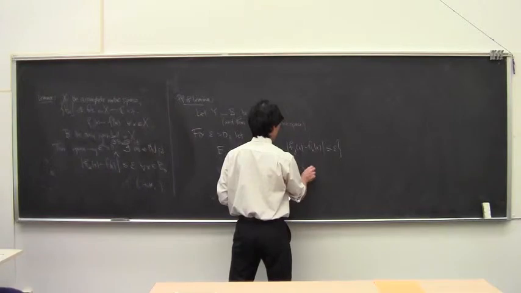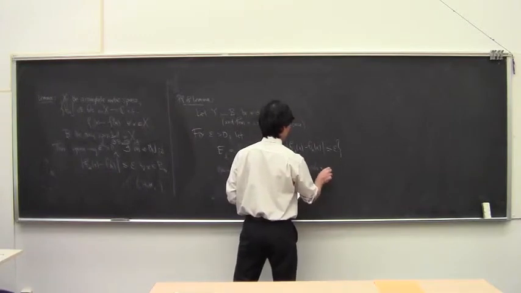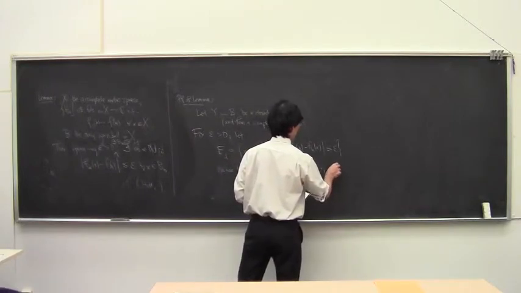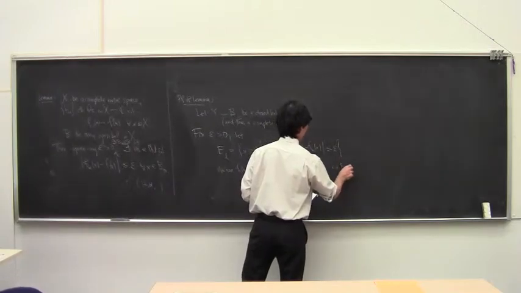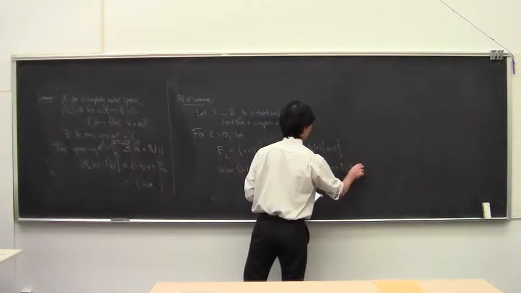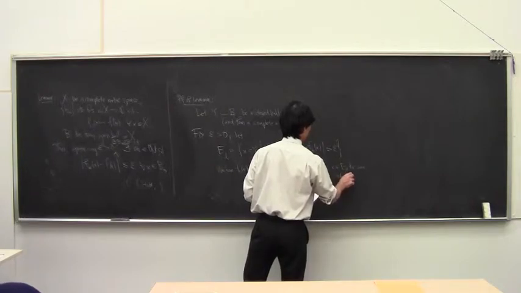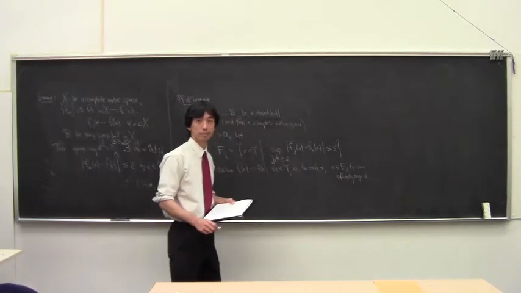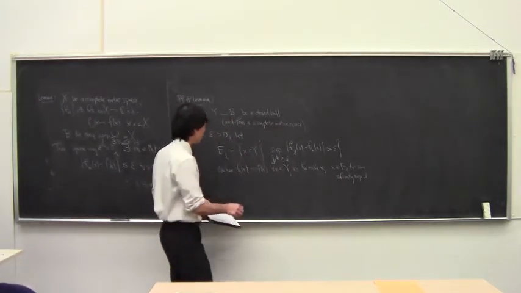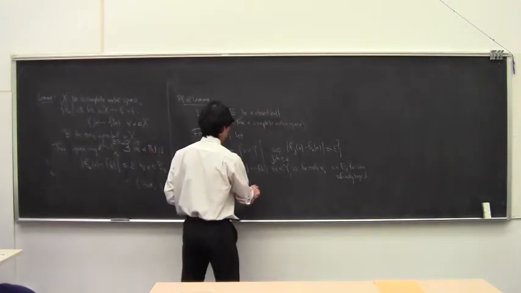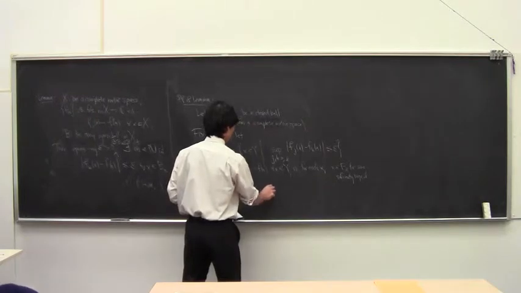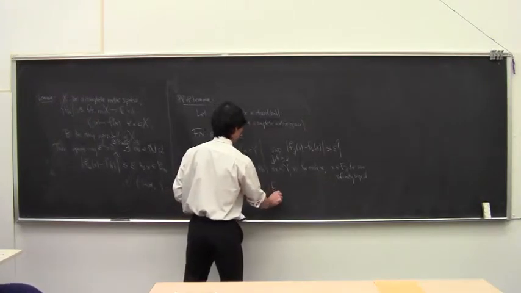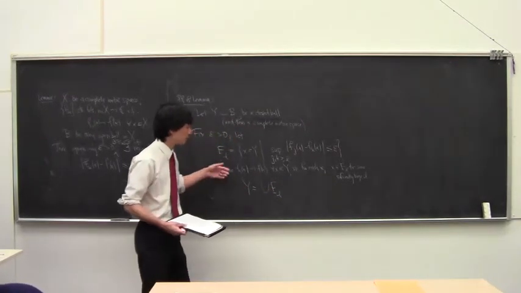For each x, x will lie in E_L for some sufficiently large L. That is to say that, again, we have a way of expressing that these sets exhaust Y.